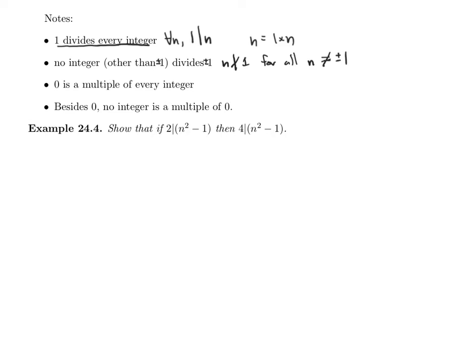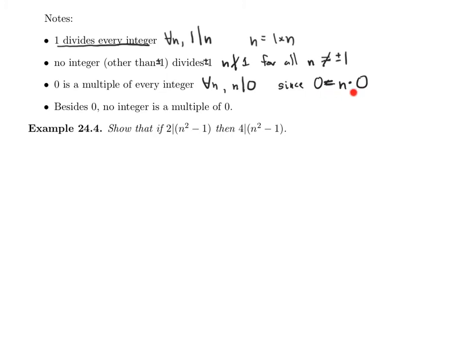Let's consider 0 now. So 0 is a multiple of every integer. So that means that every integer n is a factor of 0, since we can write 0 as n times 0.